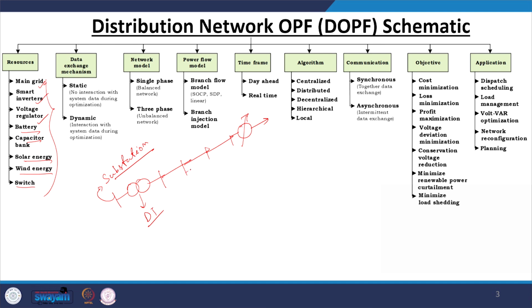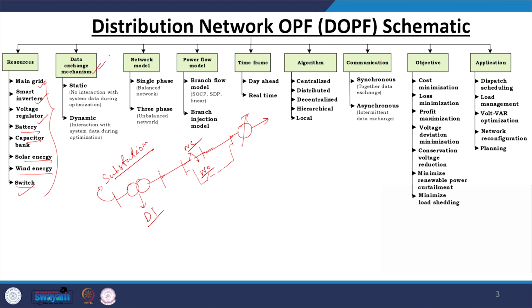Switches we normally use, let us say you are trying to connect these two nodes and this is a normally open switch, and here you have a switch which is a normally closed switch. So, with the operation of these switches, whether it will be switched on or switched off, the architecture of your network will get changed. Okay? So, you have switches on all the DERs.